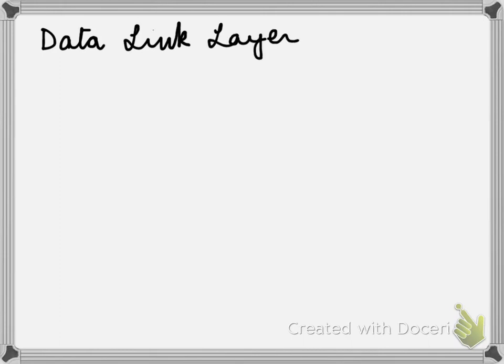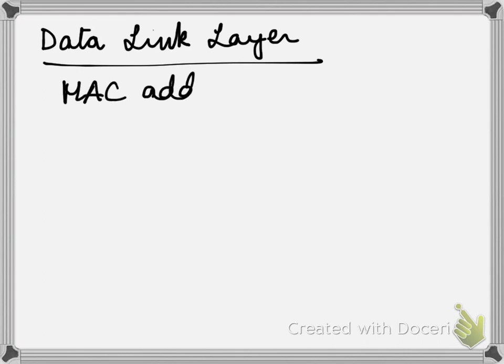So let's start with the data link layer. In the data link layer, we have an address which is known as the MAC address. MAC stands for Medium Access Control.